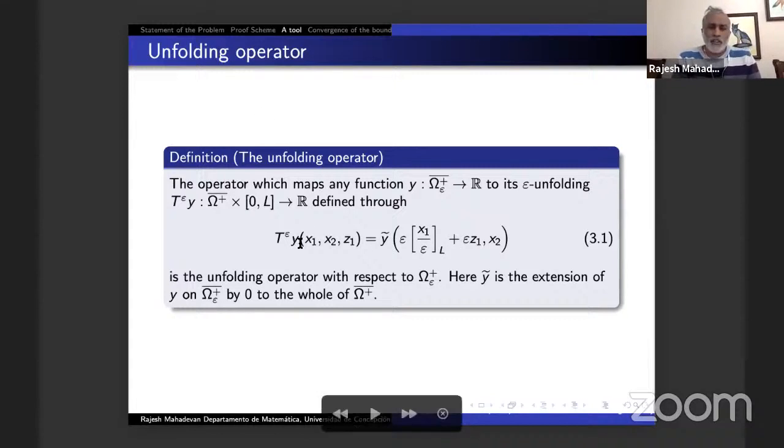So given a function on the oscillating domain, you can construct a new function on a domain without oscillation. So in the upper part, you can extend the function by 0, and in between, if you need to consider values, you take the values as 0, but you also add an extra variable to this function.